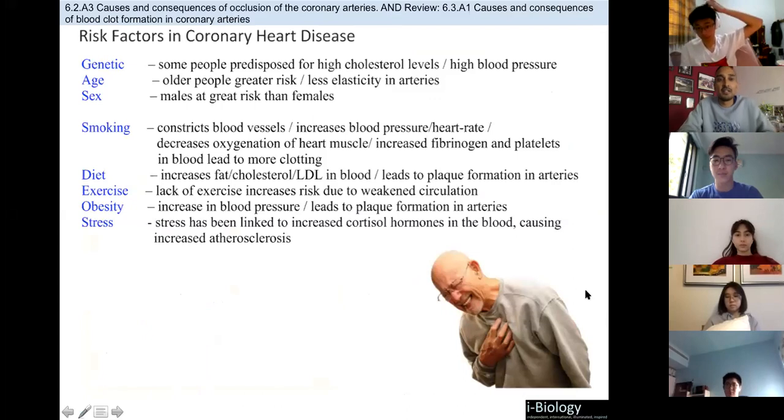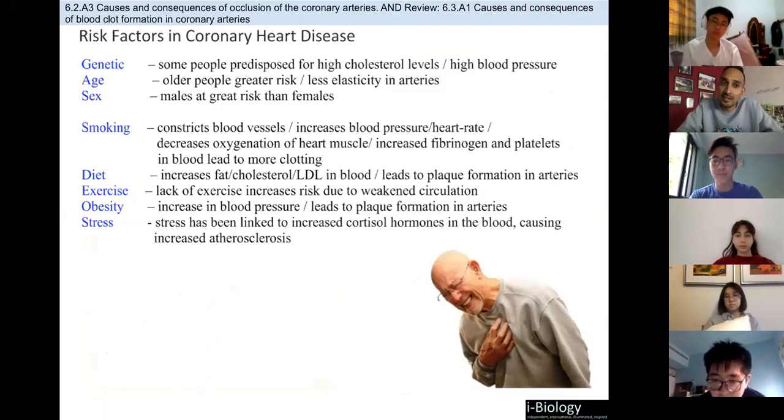So some of the risk factors, right? This is where your doctors might say, okay, you tick these boxes, maybe we'll do a test to check out your coronary arteries. If you're getting older and if you are a male, males are at much higher risk of coronary heart disease than females are. As you get older, your tissues start to get tired, right?